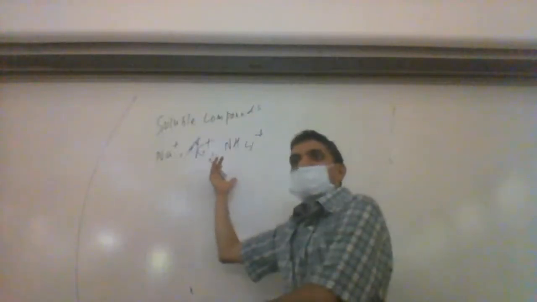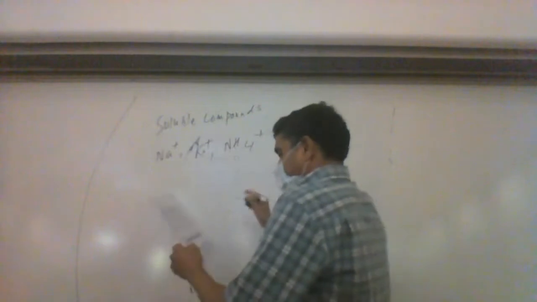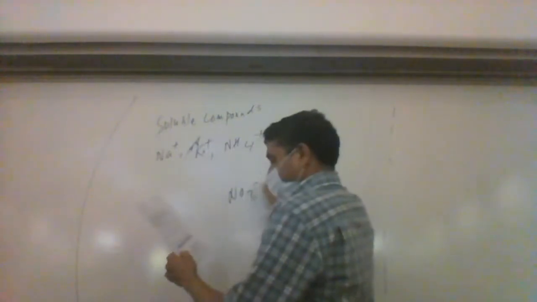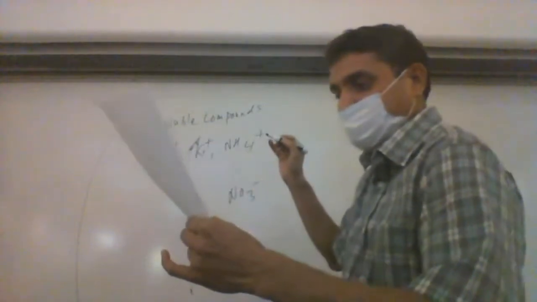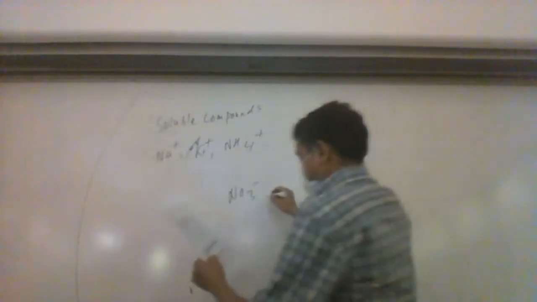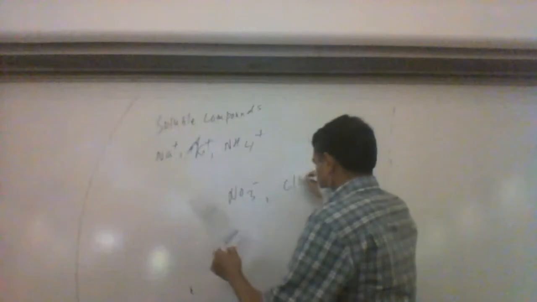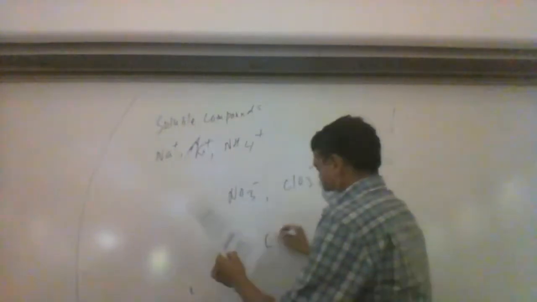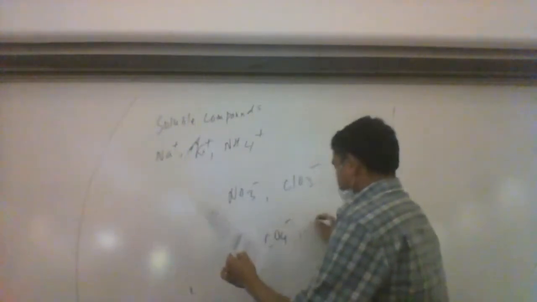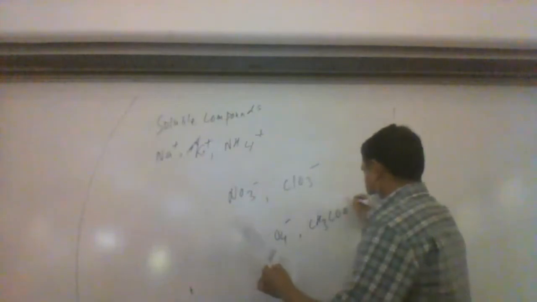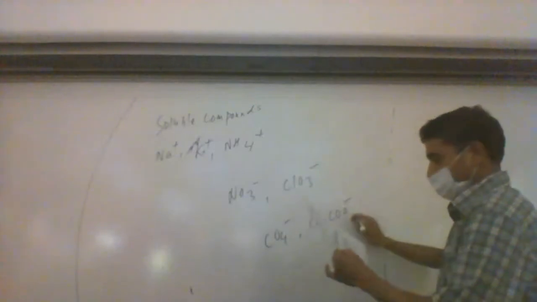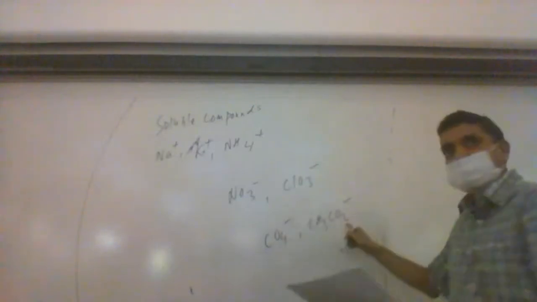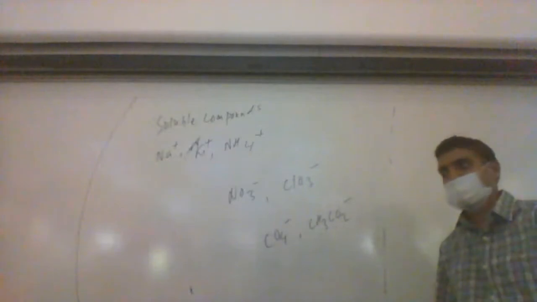What can combine with them? I'm just looking at the first box of slide 11: nitrate, chlorate, ClO4 minus, and CH3COO minus. They write CO2 or COO, it's the same thing.